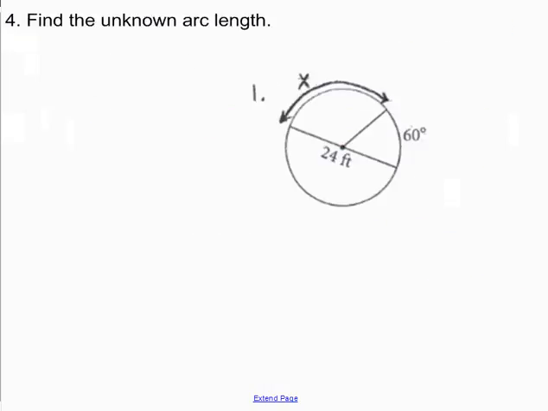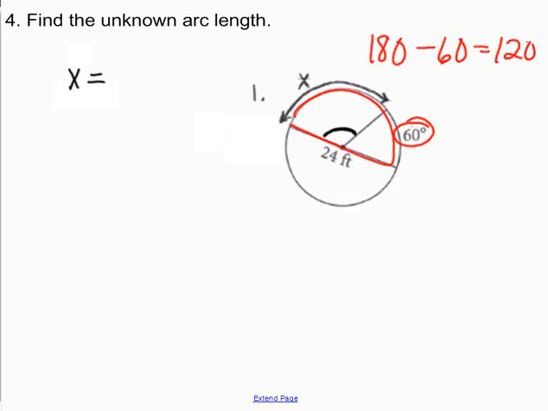So now we're going to just apply that formula again. So the length of x equals, we are going to find what this angle is. Well, I know that this is a semicircle, and this piece is 60, so that's 180 minus 60. So the measure of that angle x is going to be 120.